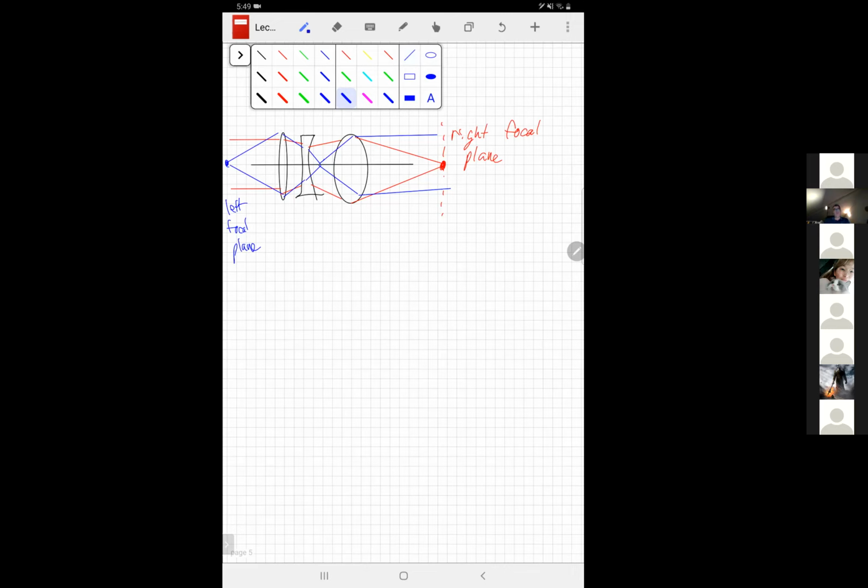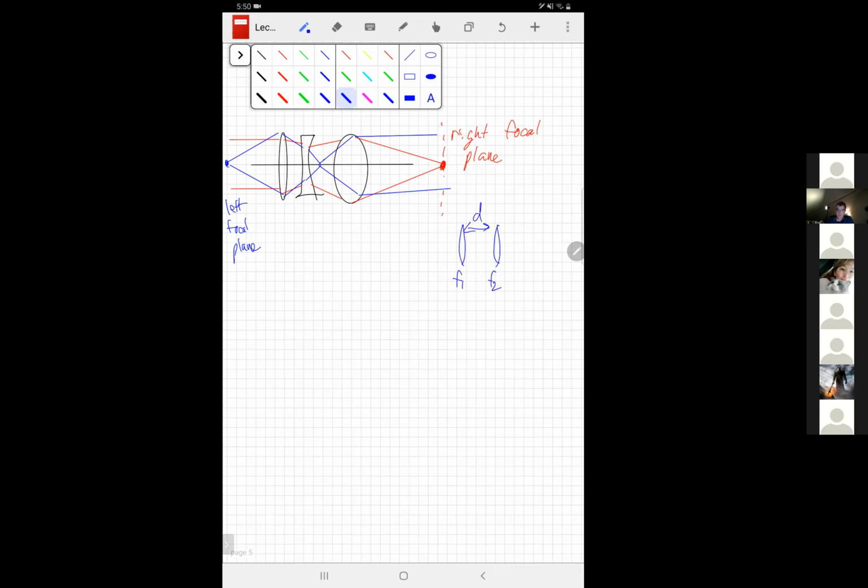How would we measure a focal length? Any ideas on how to get a focal length? How did we define a focal length a few weeks ago when I worked out this formula for the simple case of two lenses separated by a distance d?